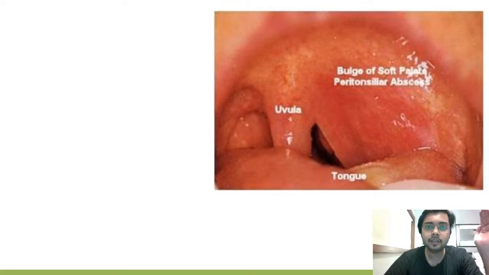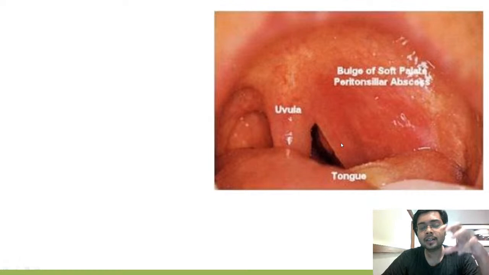Uvula will be deviated to the other side. But in parapharyngeal abscess, this inflammation, redness, congestion, the toxic signs, the odynophagia that is there in peritonsillar abscess are absent. Clinically you will find that your tonsils and the anterior pillar appear normal in parapharyngeal abscess. Why is it so?